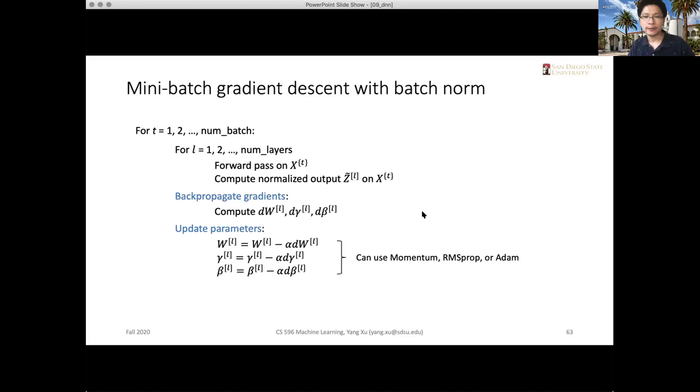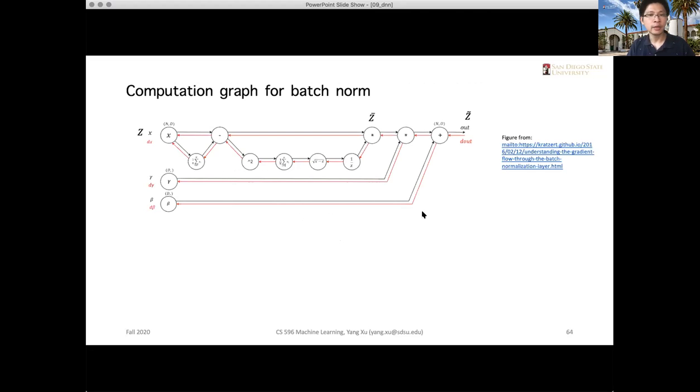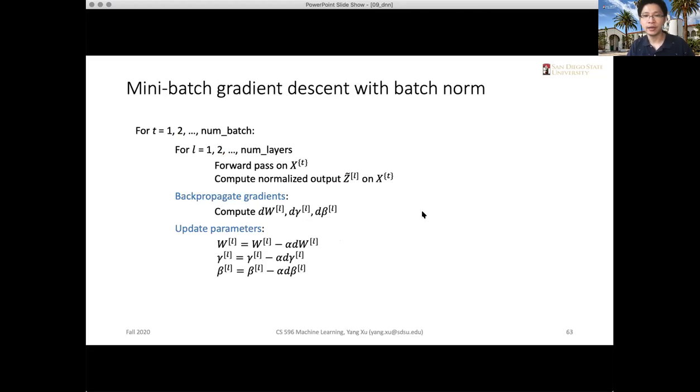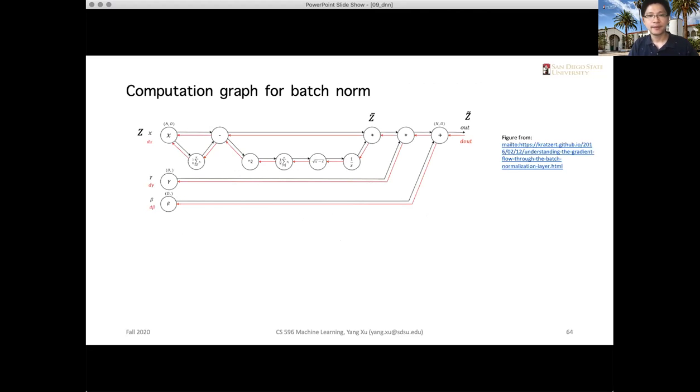Okay, so before we look at the effect of batch norm, batch norm actually contains pretty complex mechanisms if we want to represent it using a computation graph. Nowadays we don't need to implement the computation graph ourselves because it's all handled by the frameworks.